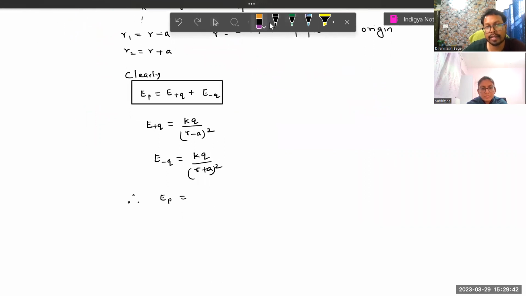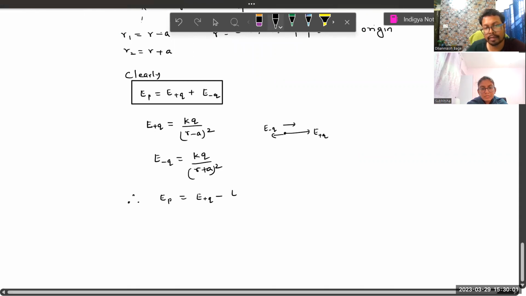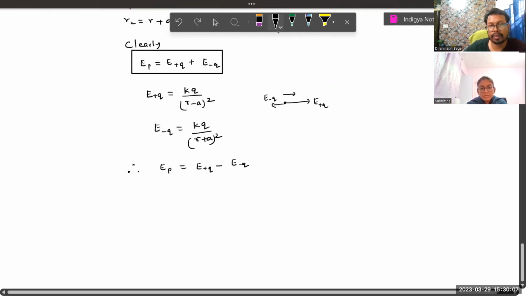E plus Q is on this side, and E minus Q is on this side. Net electric field will be in this direction, but we will do E plus Q minus E minus Q. Fine? We will just subtract this and we'll get the value of this direction.